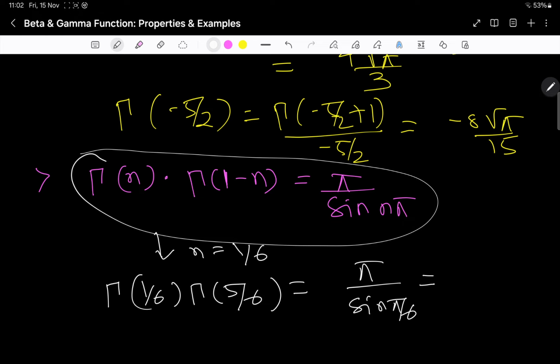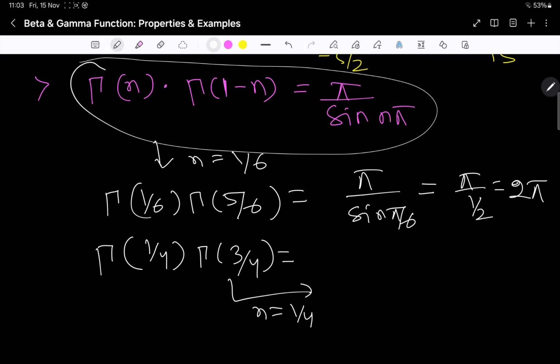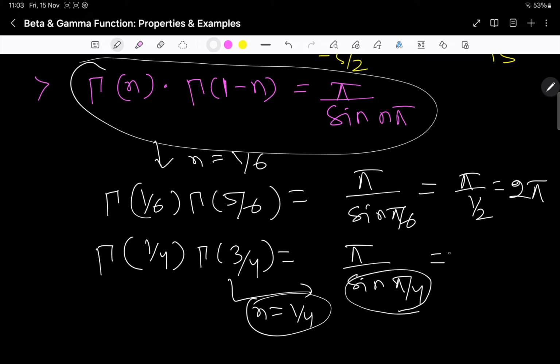Sine 30 is half, so this is pi by half, which is equal to 2 pi. Similarly, gamma 1 by 4 into gamma 3 by 4, means you put n is equal to 1 by 4. It will be pi by sine pi by 4. Sine pi by 4 is 1 by root 2, so pi by 1 by root 2. So this will be root 2 pi.